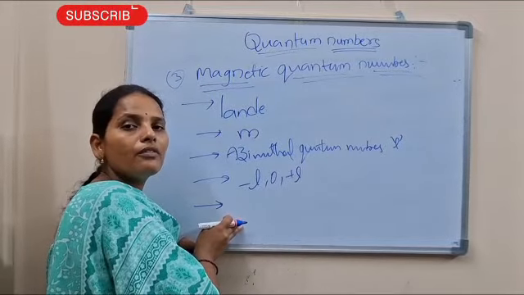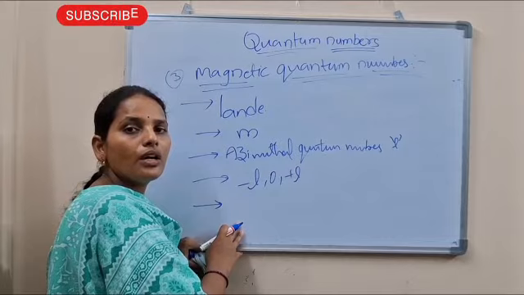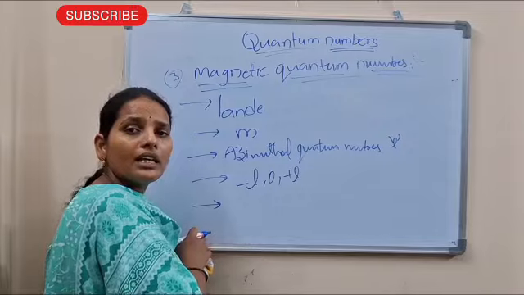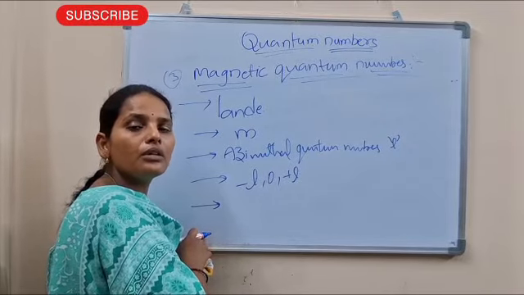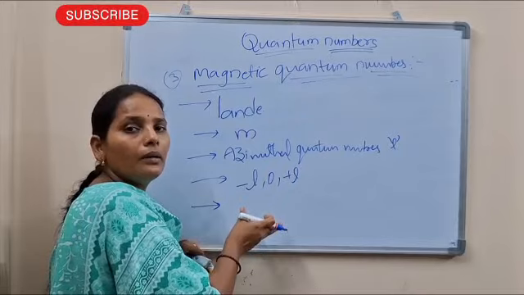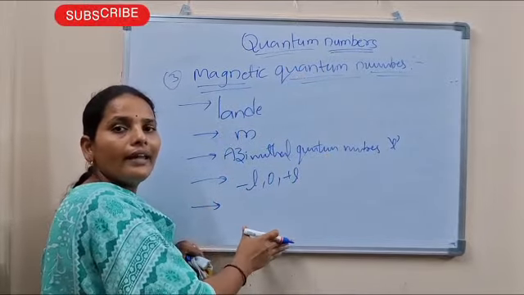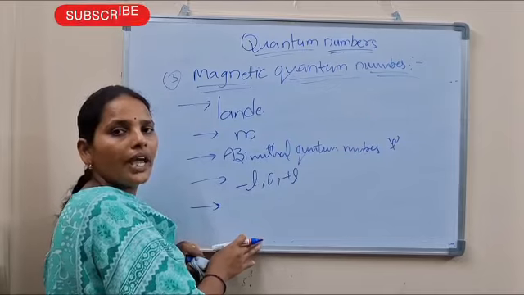In the principal quantum number, we see n values 1, 2, 3 and so on. In the azimuthal quantum number, we see l values 0, 1, 2, 3 and so on. But coming to the magnetic quantum number, we are including negative values also.